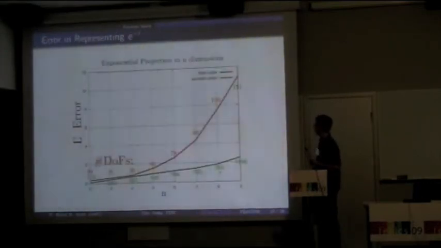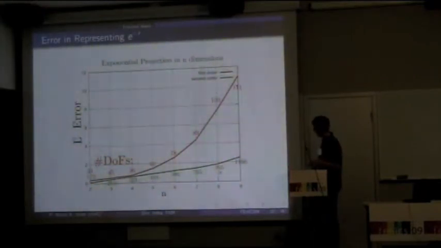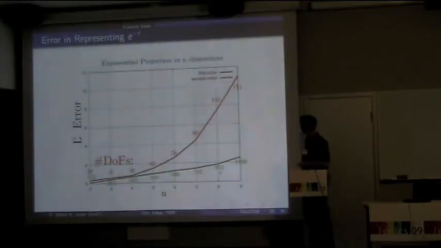So if we space the midpoints of the cells like this and project the exponential into 2 to 9 dimensions, we see that for the first order case, where we essentially use the barycentric coordinates as basis functions, we get reasonably bad blow up in our error, neglecting the fact that the overall area also blows up. But if we use the second order, we get a reasonable approximation. It almost grows linearly for a long time. And so, since we want to start at 3 and 6 dimensions, we thought this was a good starting point.